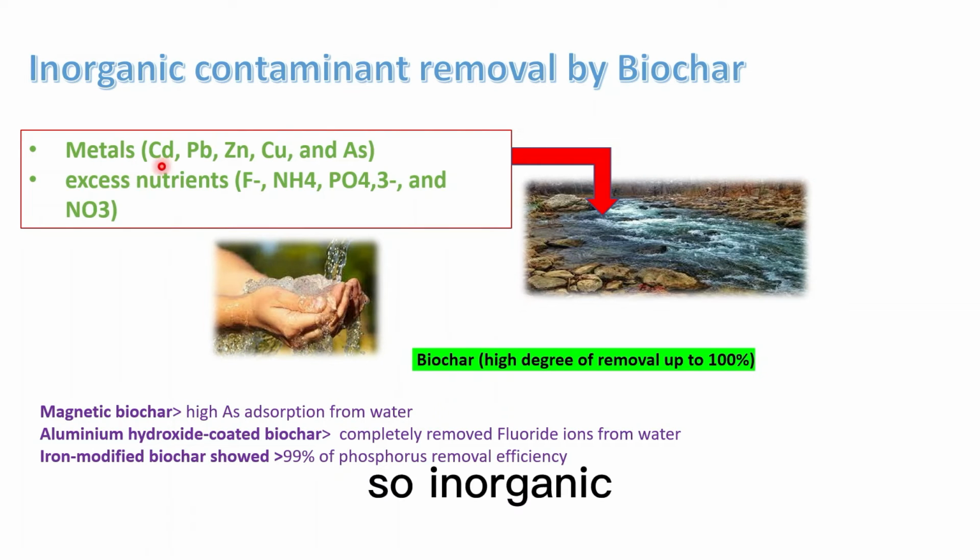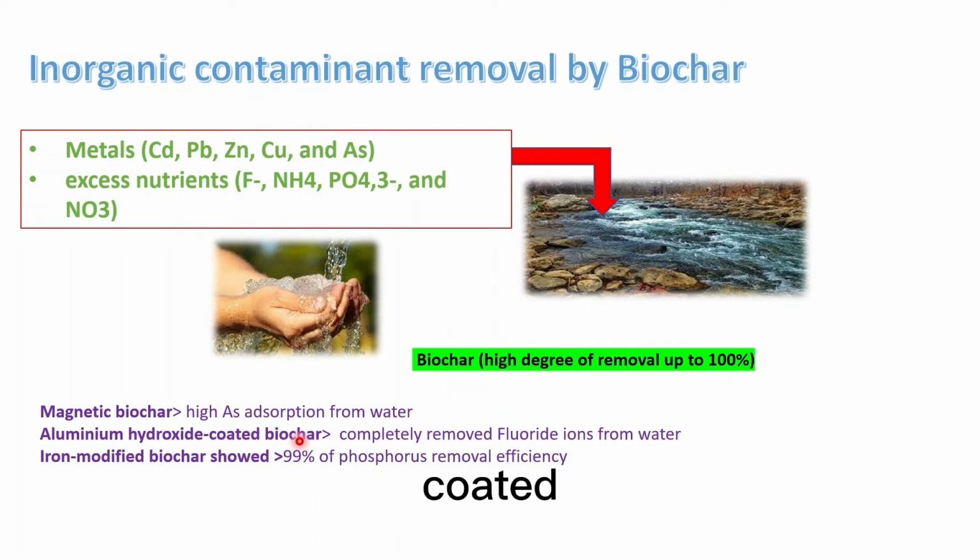Inorganic contaminants such as metals and excess nutrients are mainly present in surface water. These contaminants can also be removed using biochar, and biochar showed a high degree of removal, up to 100% of these contaminants. For example, magnetic biochar showed high adsorption of arsenic from water and wastewater.